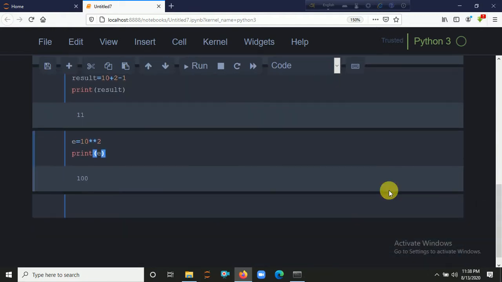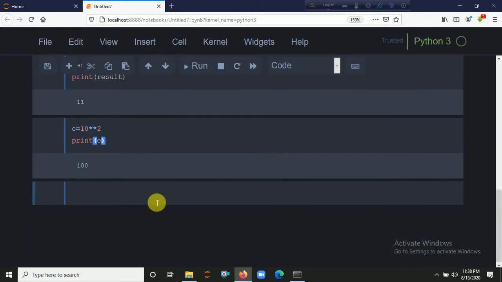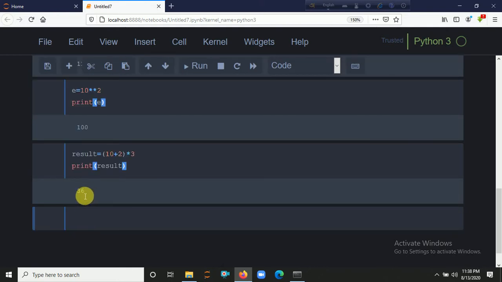Let's take an example of high precedence. We are trying to use parentheses in the expression. Let's say result equal to inside the parenthesis 10 plus 2, and cross 3. If you print the result, you can see 36. How is it possible?